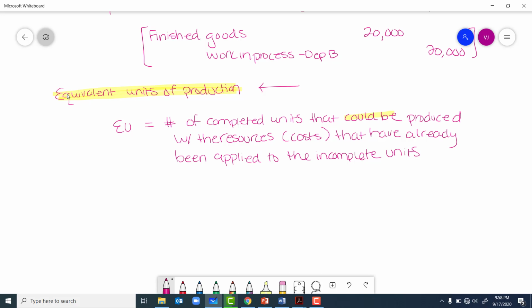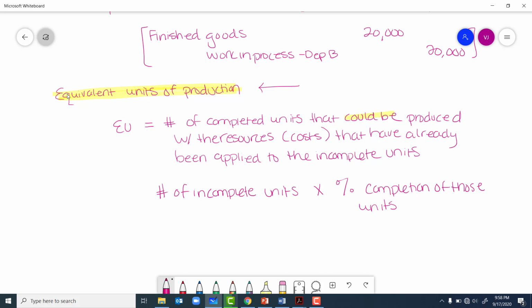So you calculate your equivalent units by taking the number of incomplete units and you multiply that by the percentage completion of those units.